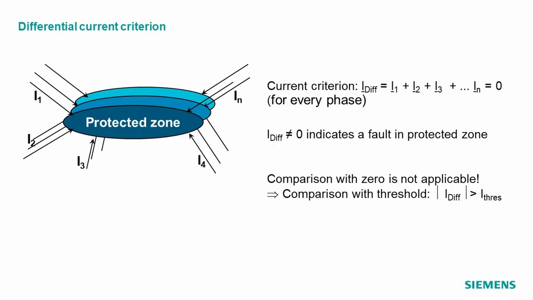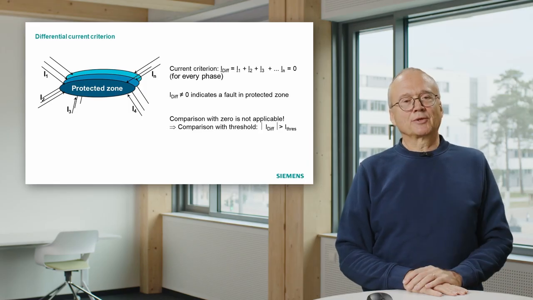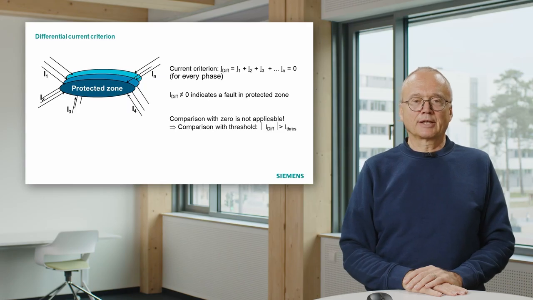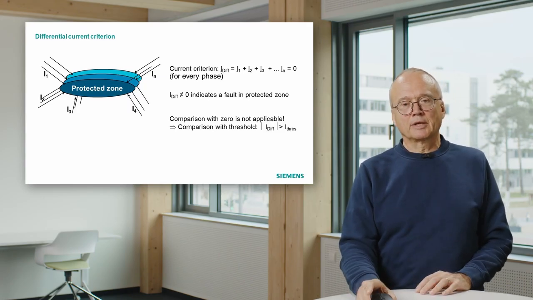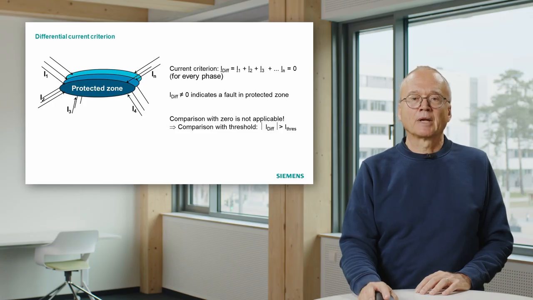That means finally the differential criterion is we calculate the differential current and compare it with a certain threshold. And that is a little bit the tricky thing in differential protection, to define the correct threshold values. But the principle is a very simple thing.